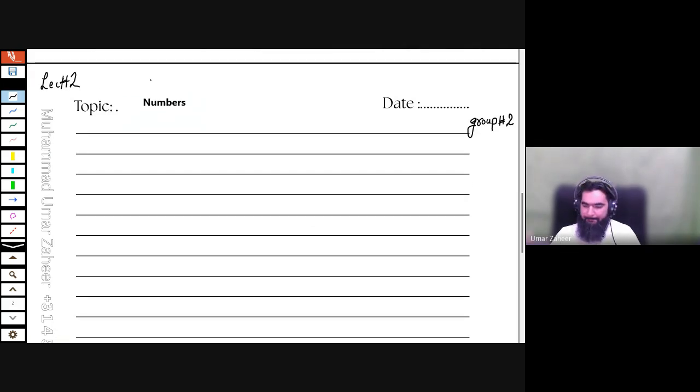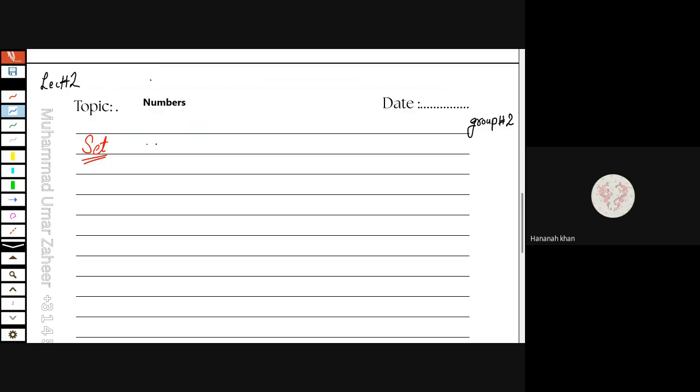Okay, let's see how to start. All right, so yes, everyone. First of all, we have to talk about sets. Can anyone tell me what is a set? Anyone? What is a set? A set is like a group of numbers.